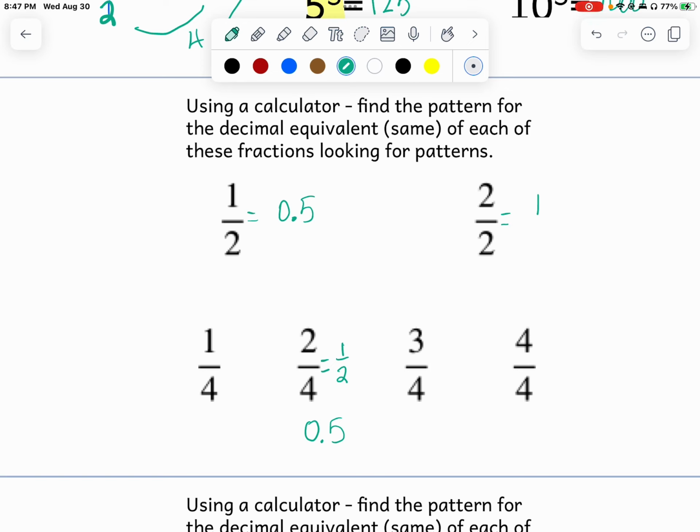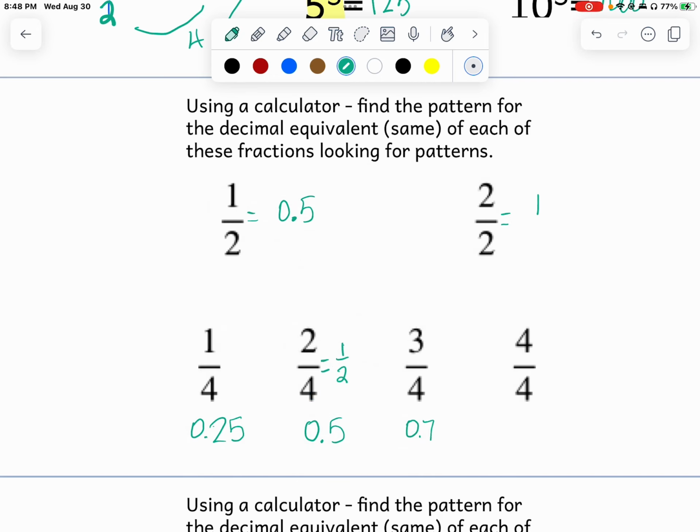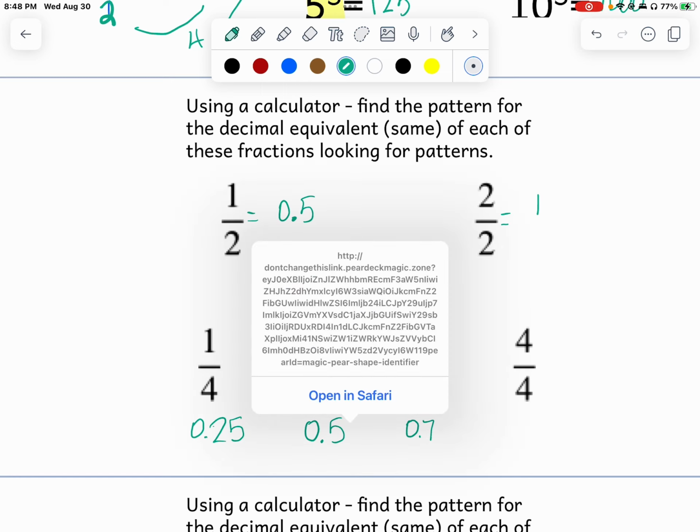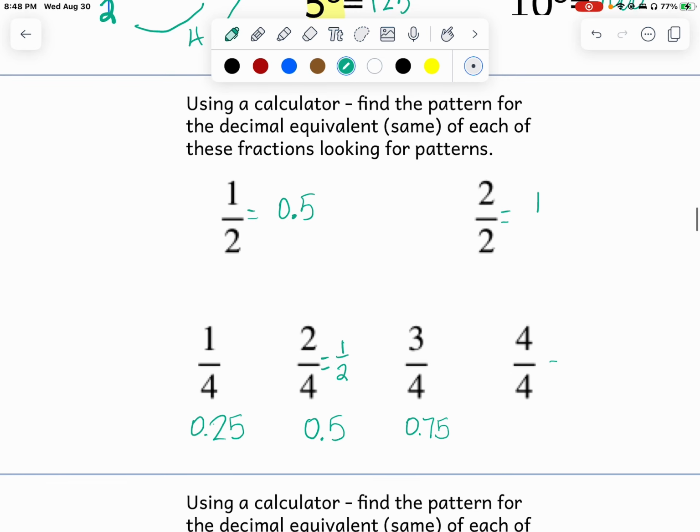Now, a lot of people say this as 1/4, but if you say it as a quarter, that helps trigger your brain because you know that 1/4 is 25 cents. 3/4 is 75 cents. And obviously 4/4 is a whole.